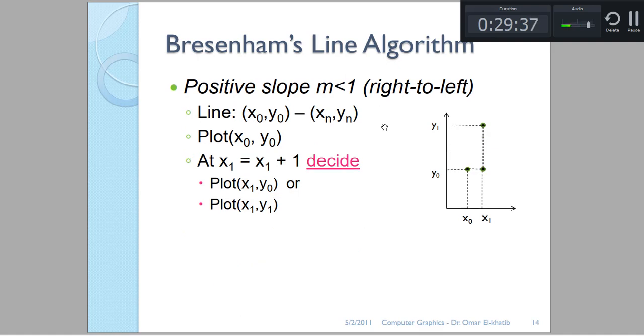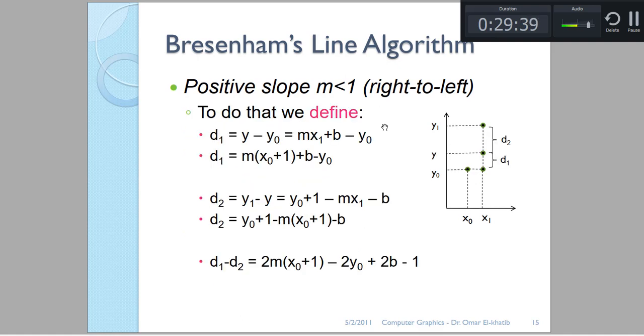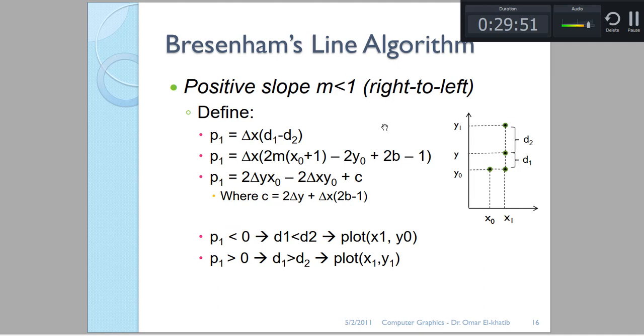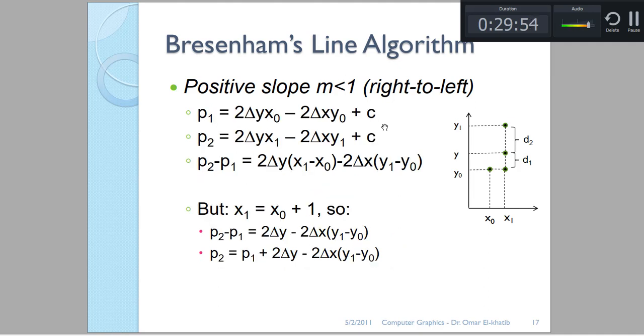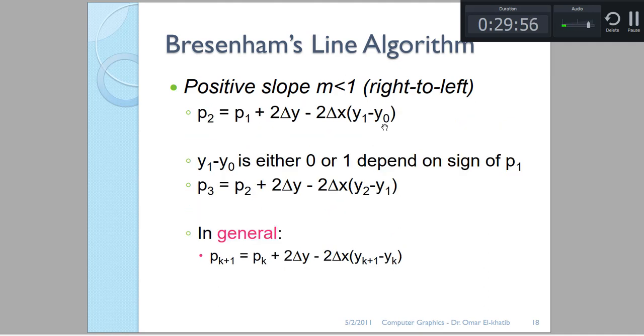Now there is some mathematics behind this, but I'm not going to go into this mathematics. If you want to learn it, that's good, but I'm not going to ask about this in the exam. So after a few equations we solve this, and what we get at the end is this formula, p(k+1).